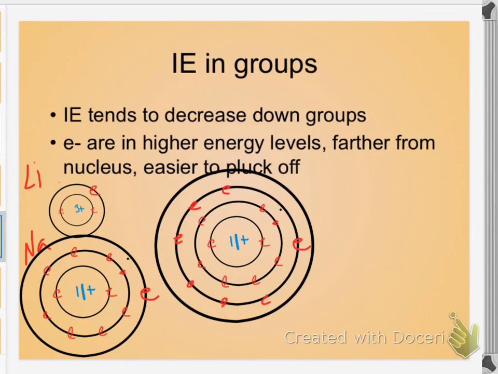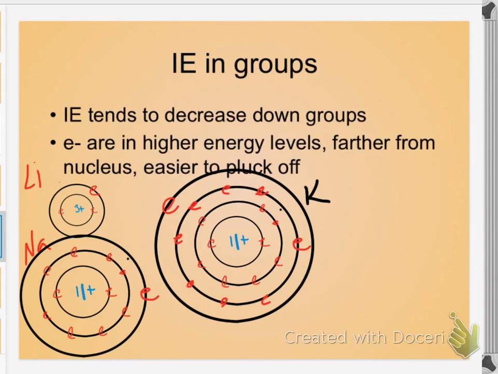Potassium. How many energy levels between that outer valence electron and the nucleus? Hold up fingers. Come on, you can do it. 3! It's got that single valence electron out on the 4th main energy level. There's a lot of shielding between the nucleus and that outer electron. Do you think this would have higher or lower ionization energy than sodium? Would it take more or less energy to pull that outer electron?